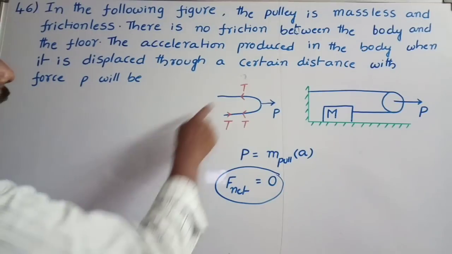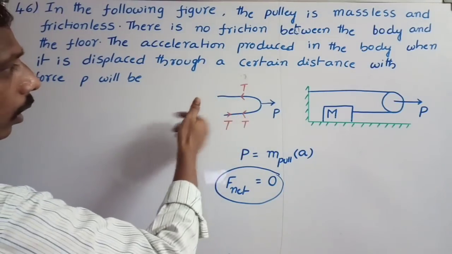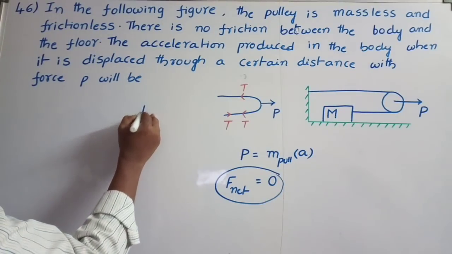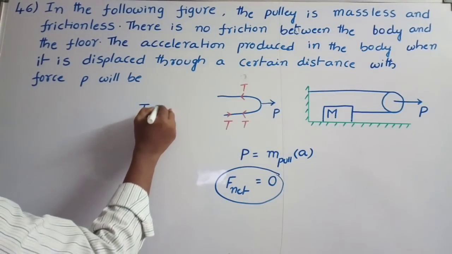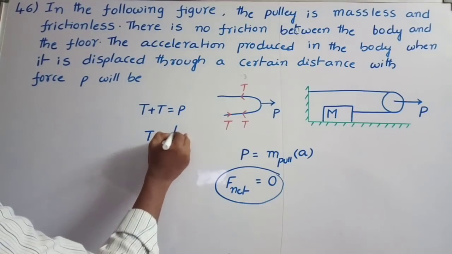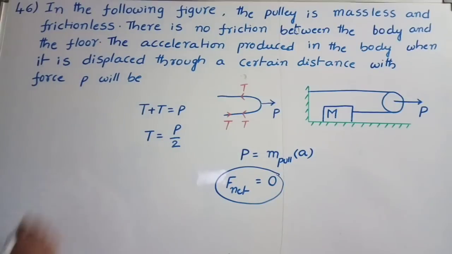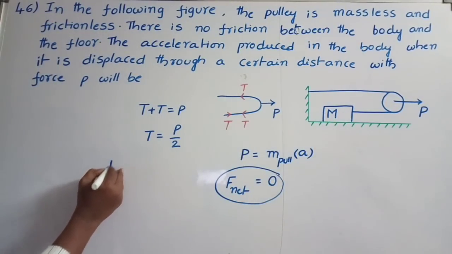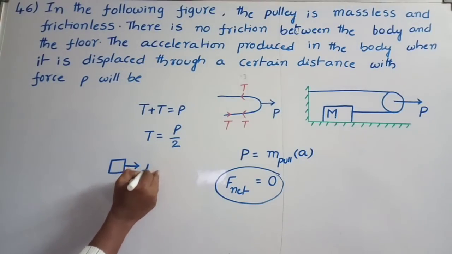Net force, these two T's are acting left and P is acting towards right. So from this we can get T plus T is equal to P. From this we can get tension T is equal to P by 2. On this block M, only tension force is acting. Tension is pulling towards right.